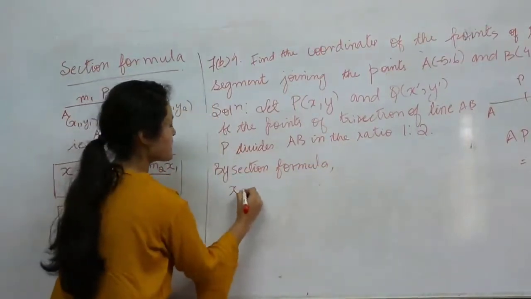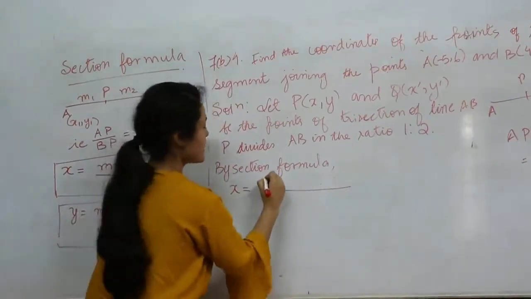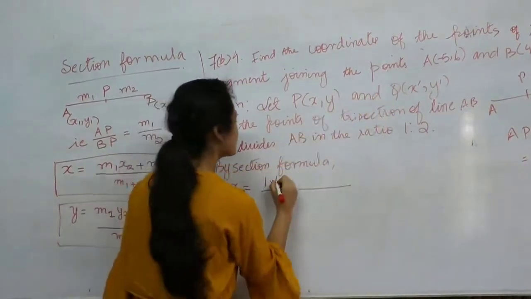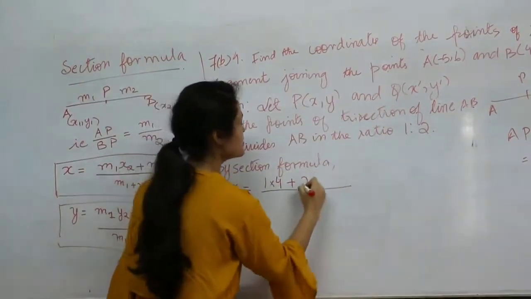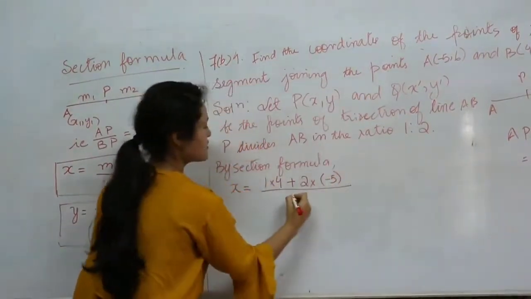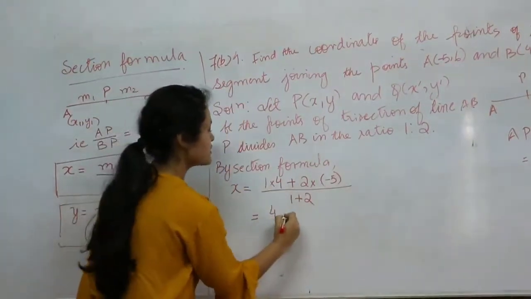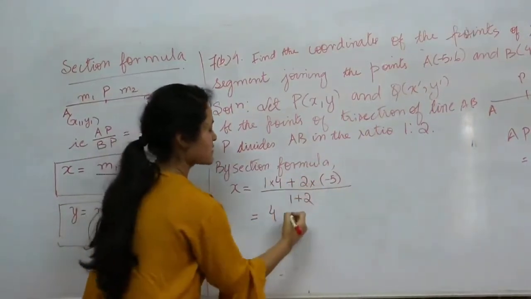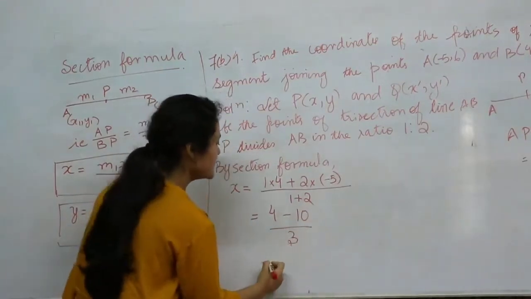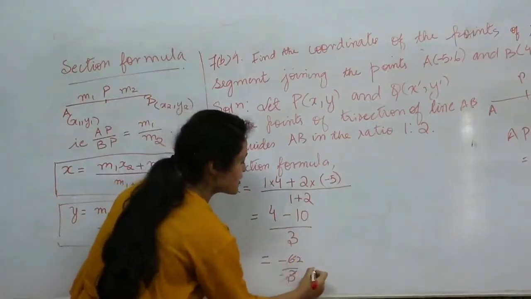So the x coordinate of P is given by m1, which is 1, into x2, which is 4, plus m2, which is 2, into x1, which is minus 5, divided by m1 plus m2. 1 into 4 is 4, plus 2 into minus 5 is minus 10, divided by 3. This is just minus 6 divided by 3. Cancel this one, you get minus 2.